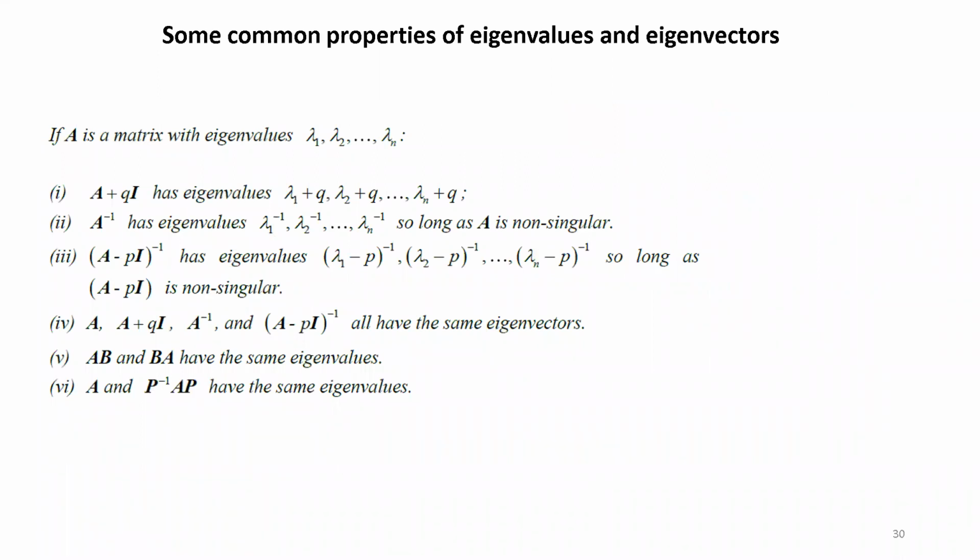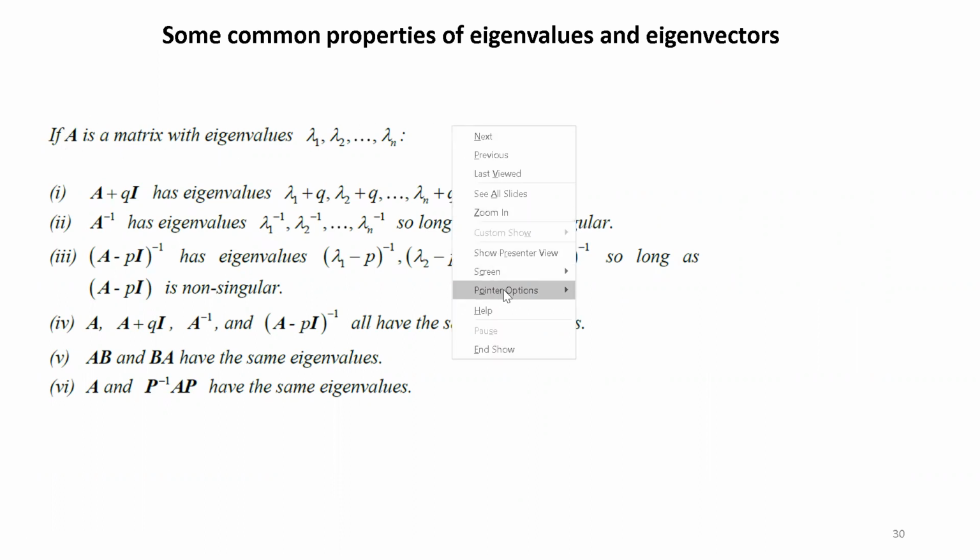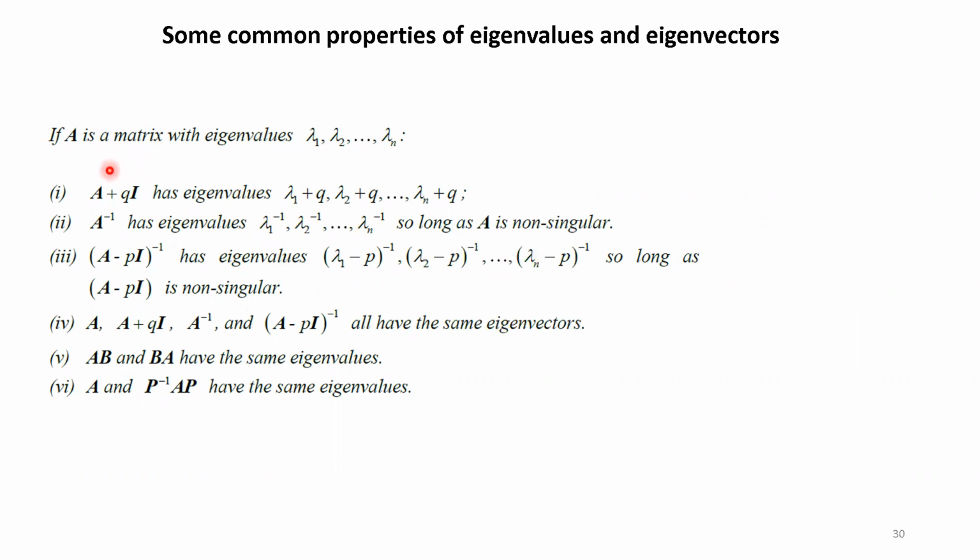So here are some general properties about eigenvalues and eigenvectors. Suppose I have a matrix A that has this set of eigenvalues. Then A plus QI, which is just another matrix where Q is just a number, has eigenvalues lambda 1 plus Q, lambda 2 plus Q, and so on.